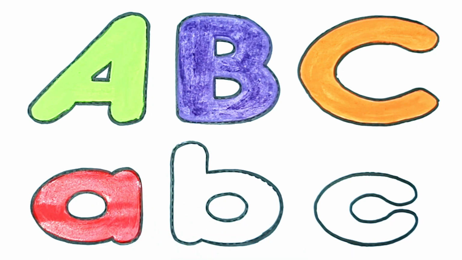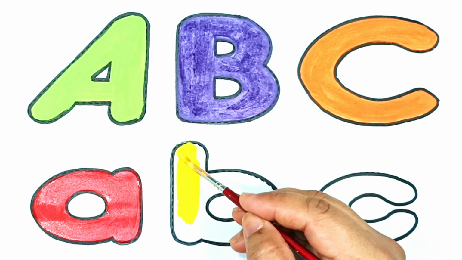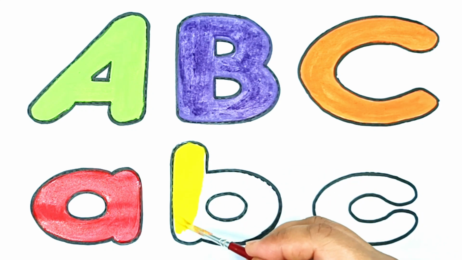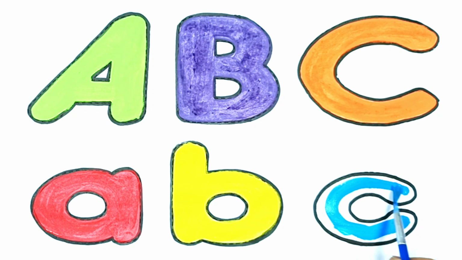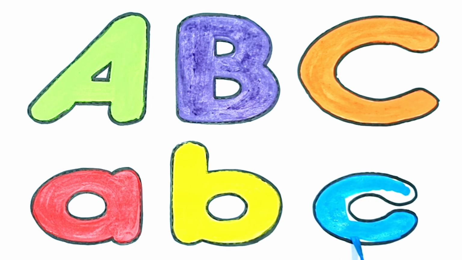A is for ant. B is for bat. C is for car.